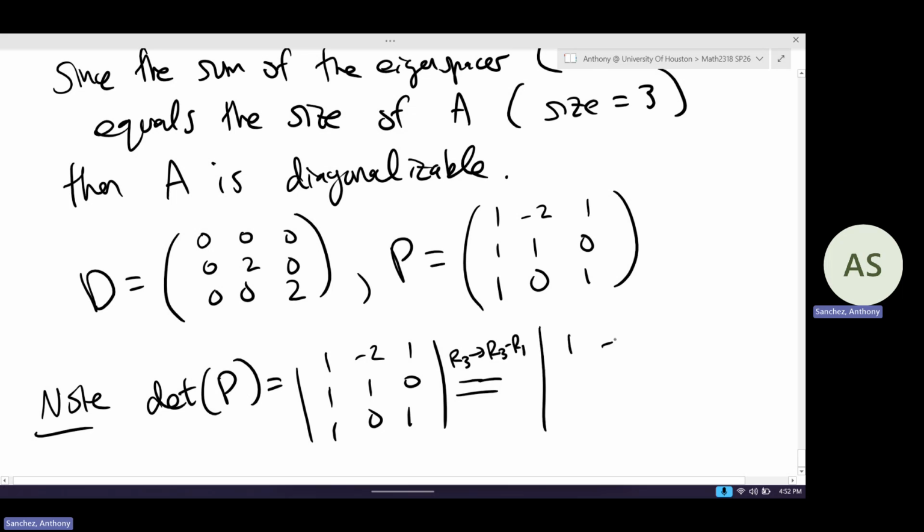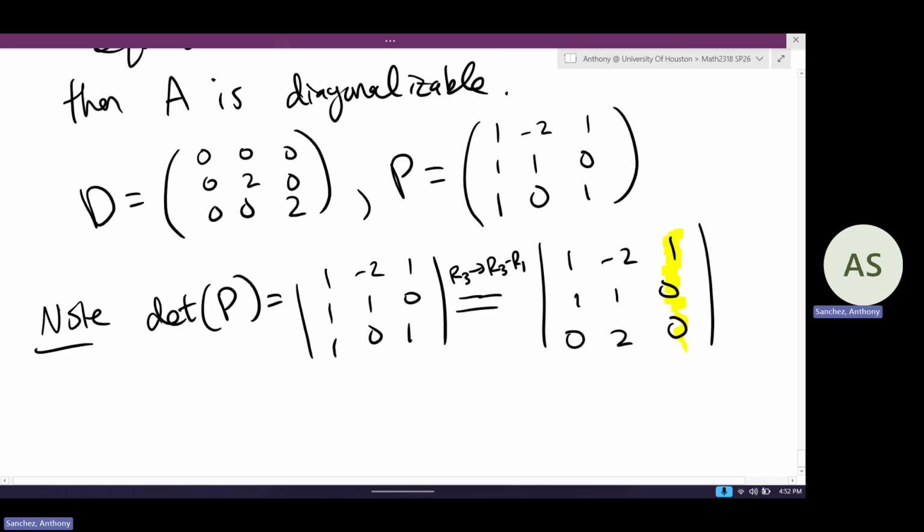So nothing happens in the first rows, and over here I will just subtract, giving 0, 2, and then 0. I did this because now I end up with a column that has 2 zeros.